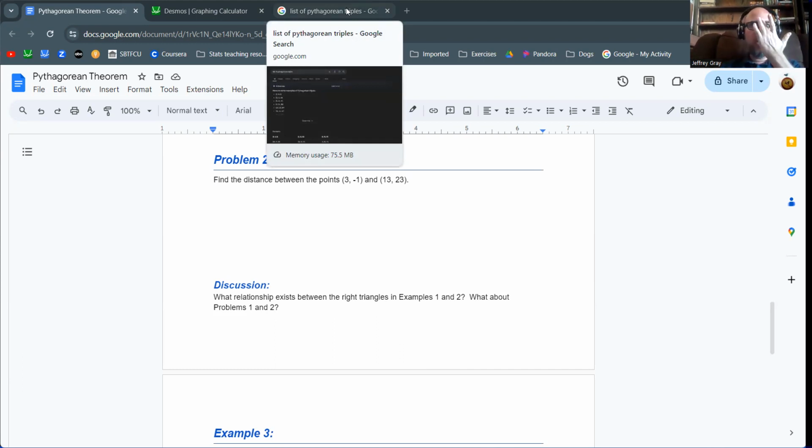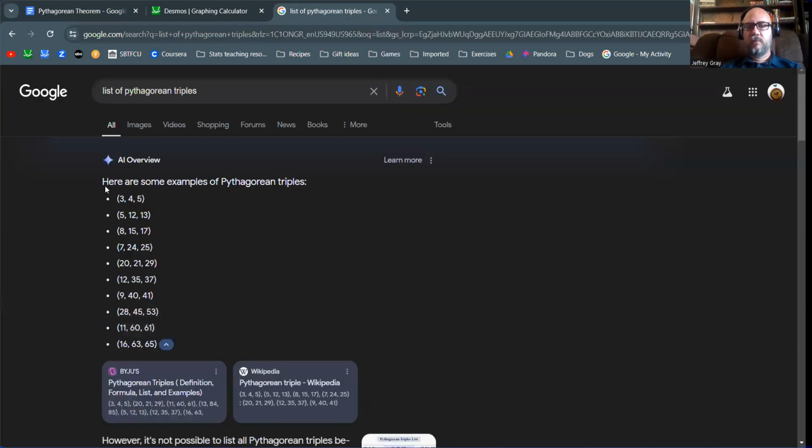So when they're studying for standardized tests, Pythagorean triples are very, very useful. They show up a lot on standardized tests. Here are some common ones. The ones that actually show up on tests are 3, 4, 5; 5, 12, 13; and occasionally 7, 24, 25. Not super often.